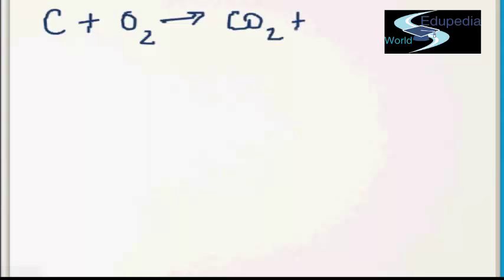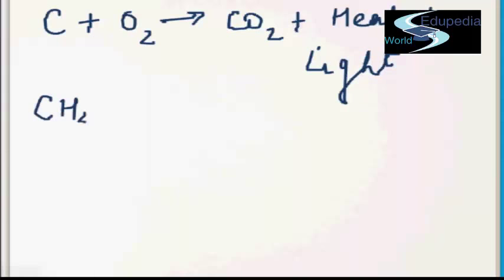The basic equation for a combustion reaction is C plus O2 gives CO2 along with heat and light. If methane undergoes combustion, then what will happen?